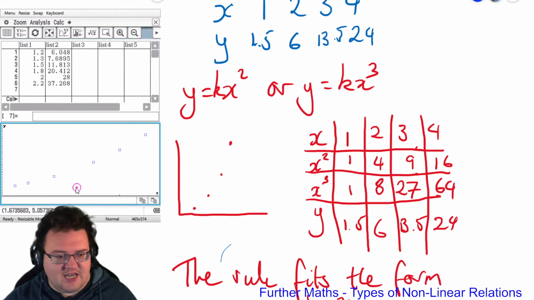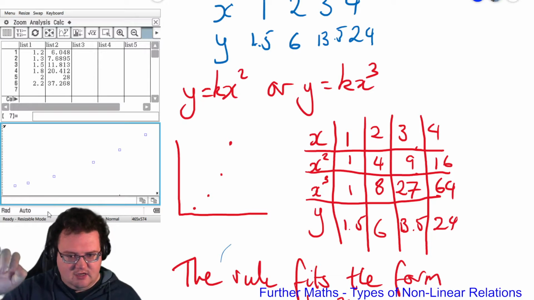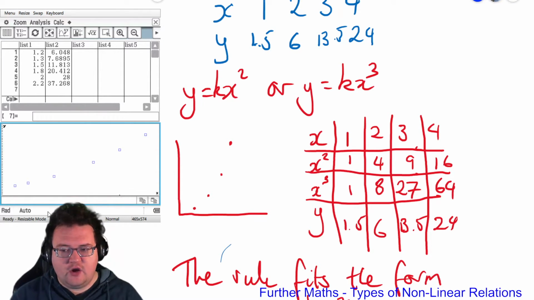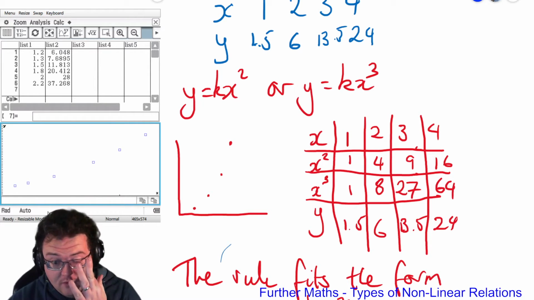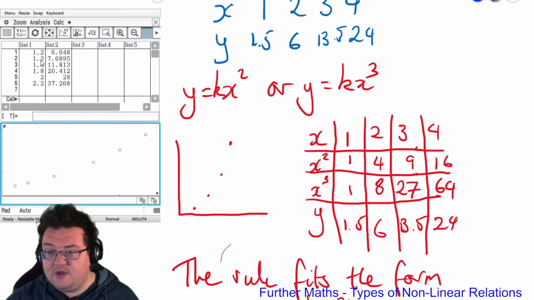If you were to connect that in a line, would you say it looks more like a quadratic or a cubic? An x squared or an x cubed graph? Well, luckily for us, we don't need to worry about it, because our CAS will do it for us.